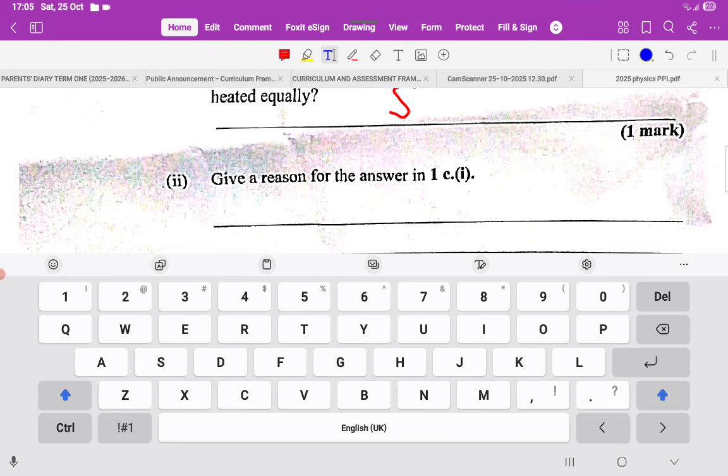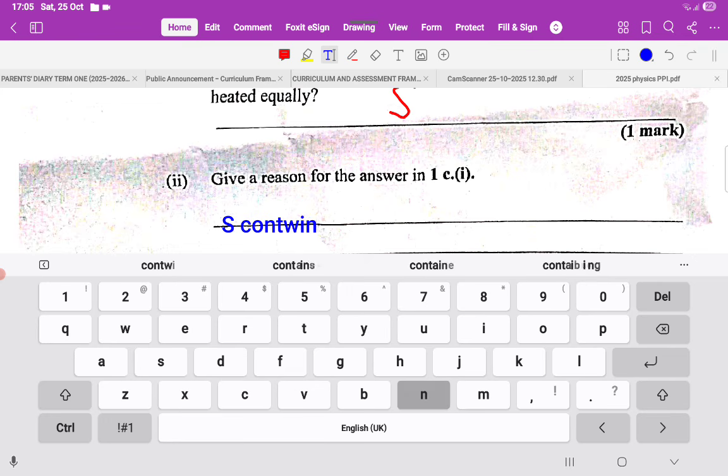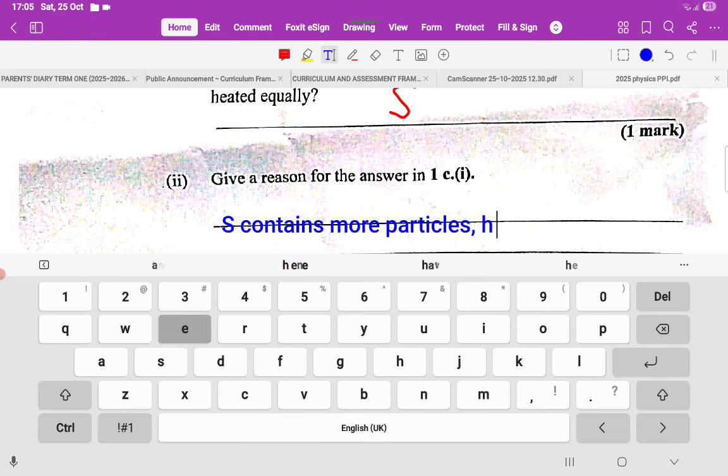So you say S contains more particles, hence more collisions.